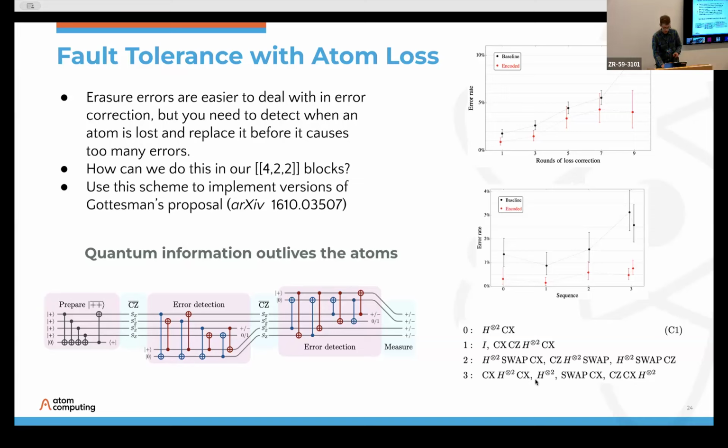These are logical circuits on the two logical qubits in a block of the 422 code, showing how the error rates increase, and how the error rates in the error corrected or error detected versions are lower than if you'd run it on physical qubits. But the point is, you can just keep refreshing your atoms. You can tell I'm going to be running out of time if I don't move quickly.